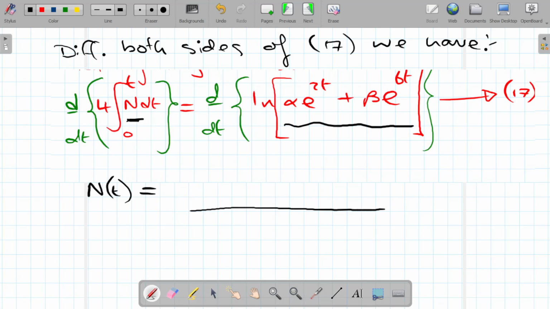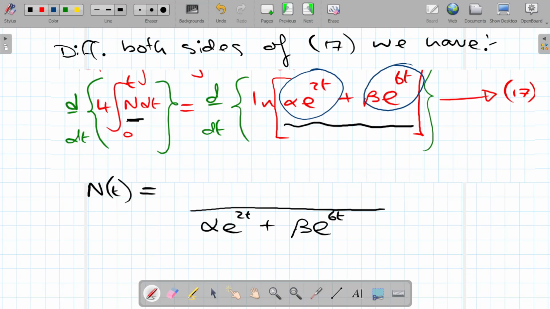So let's draw a dividing line. We've got alpha e to the 2t plus beta e to the 6t. Now we need to differentiate this term and this term.